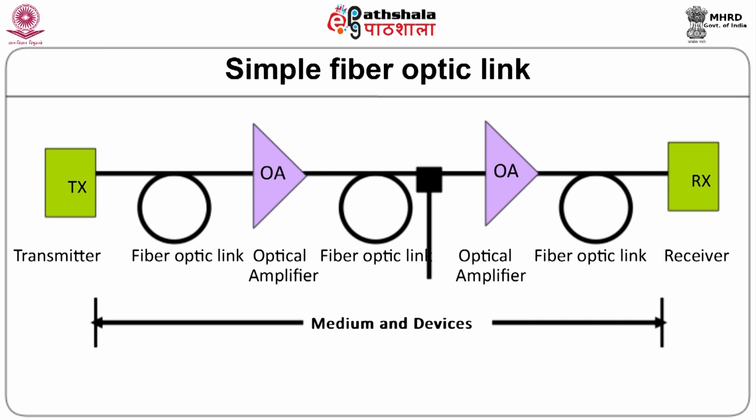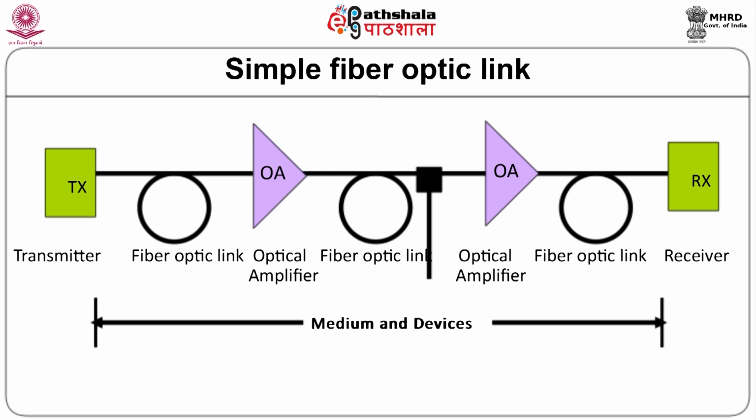Simple fiber optic link. Look at the diagram. In the diagram, the first block is TX, that is transmitter. Fiber optic link is coupled to the transmitter and then it is given to the input of optical amplifier.